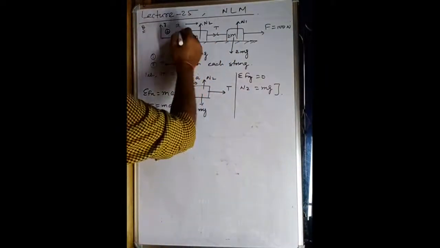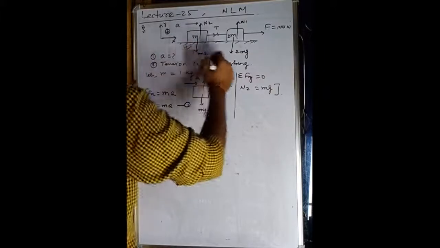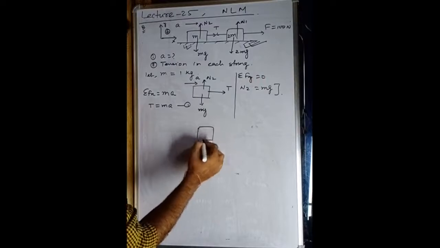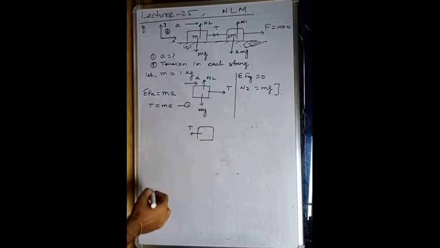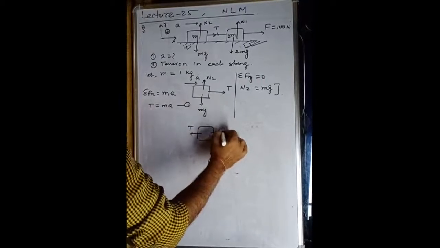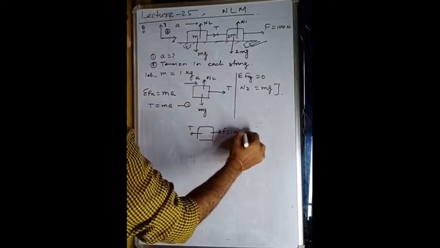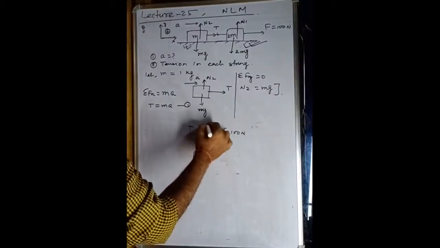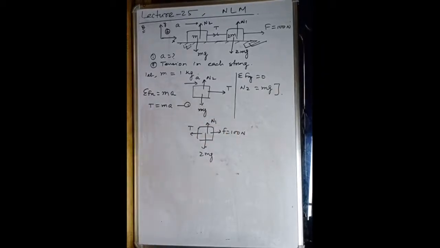This was free body diagram 1. Now for this body, free body diagram 2, you can see here the tension, and here the force, which is 100 Newton, 2mg, and the normal reaction. We don't have other forces.